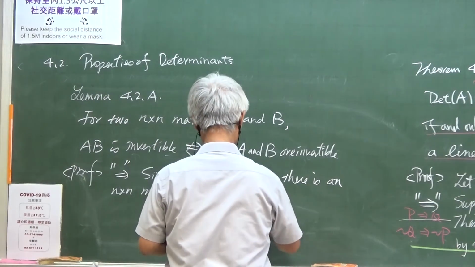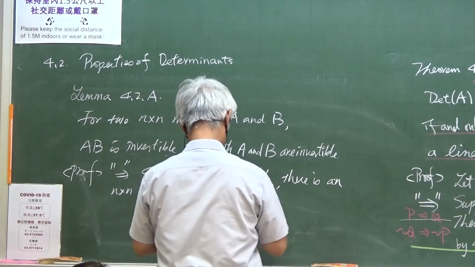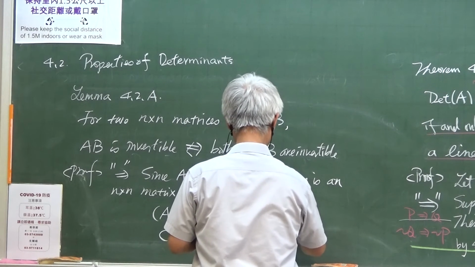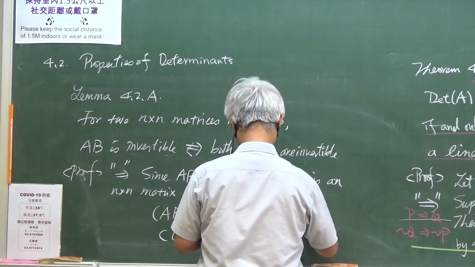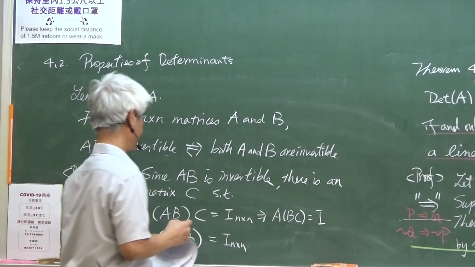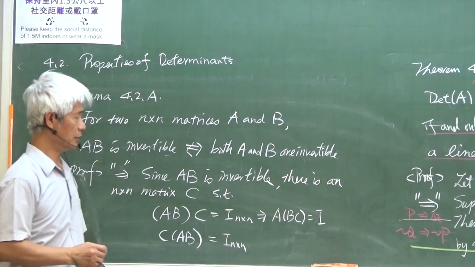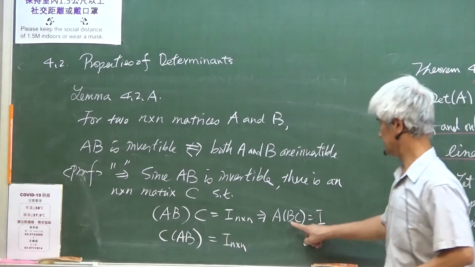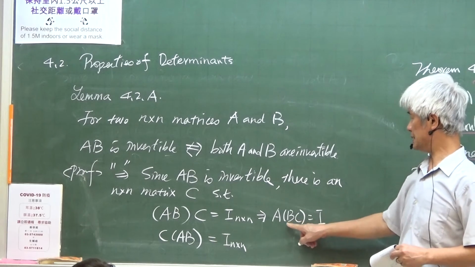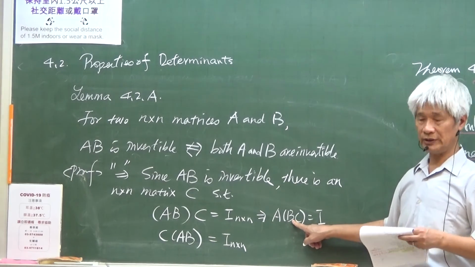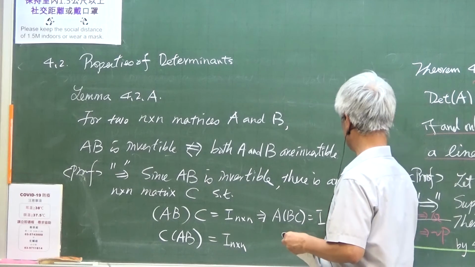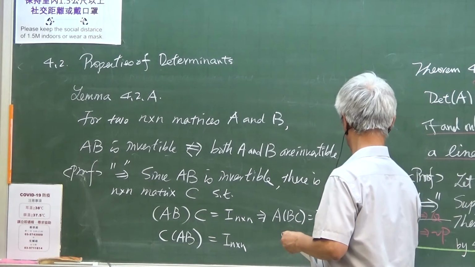But this implies, by associativity, A times BC equals the identity. So we associate B and C first. That means A has a right inverse, so A is invertible.